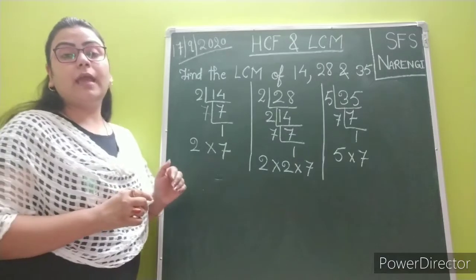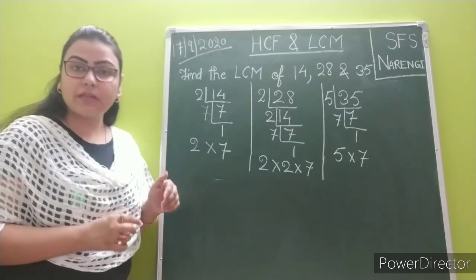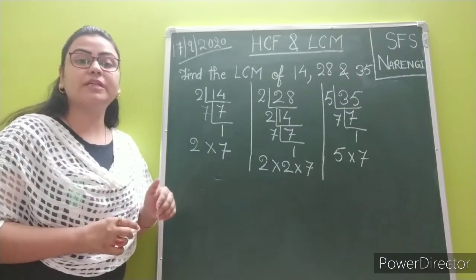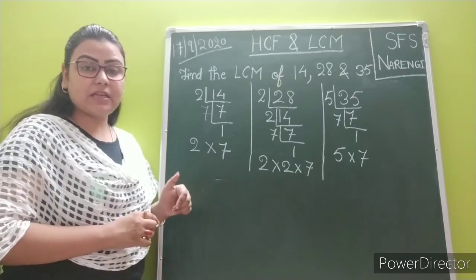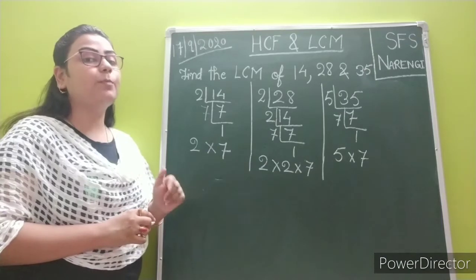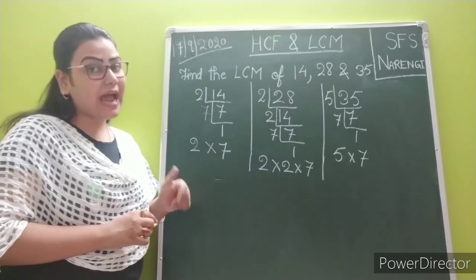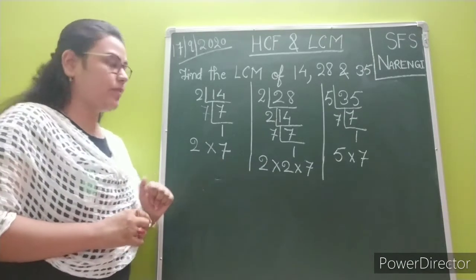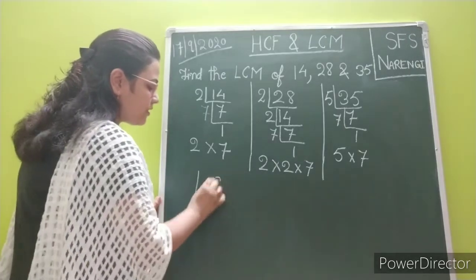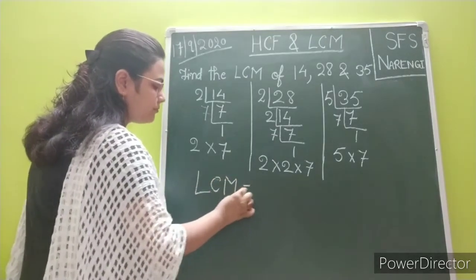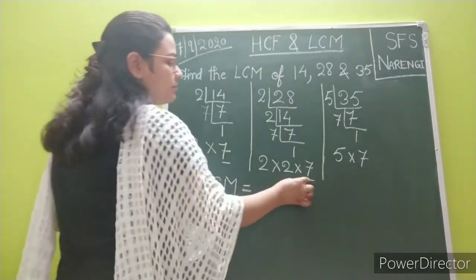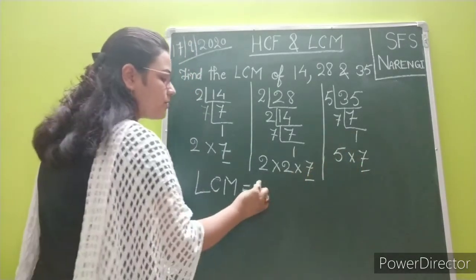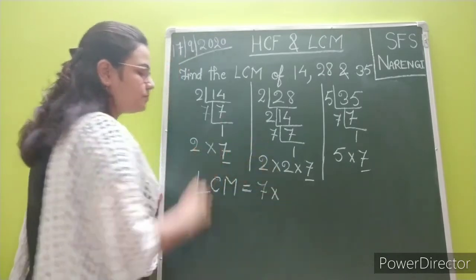Now, in HCF what did we do? We took the common factor which was present in all three of them. Right? But in LCM, in our last class, I told you that we take both the common factors and the uncommon factors as well. So, first let us start with the common factor. 7 is common, so 7 into.